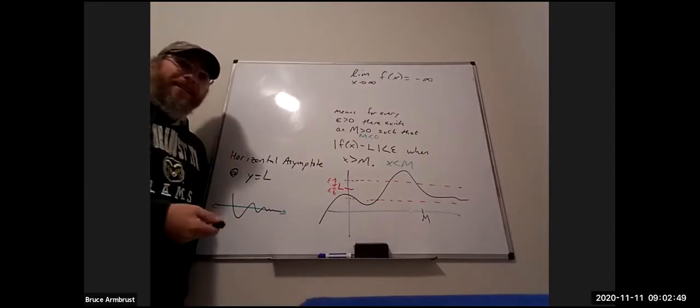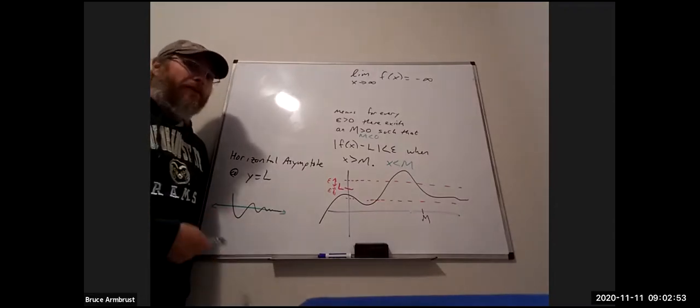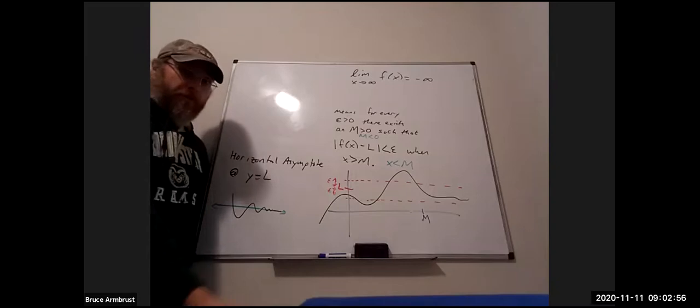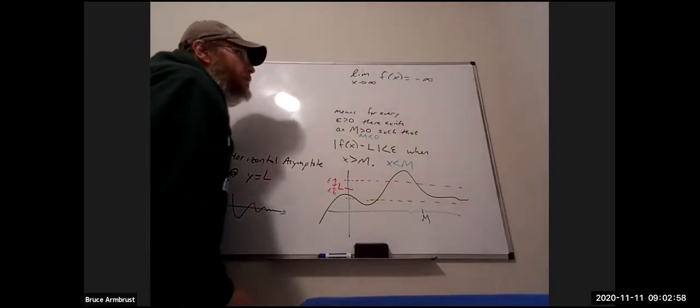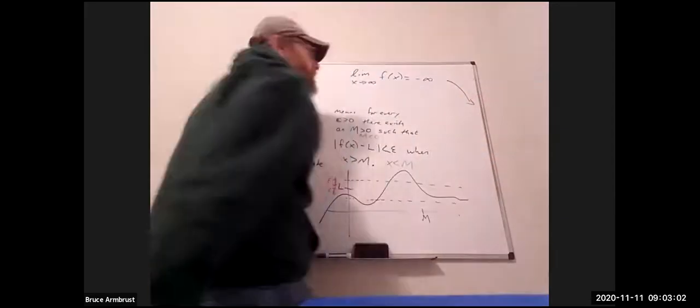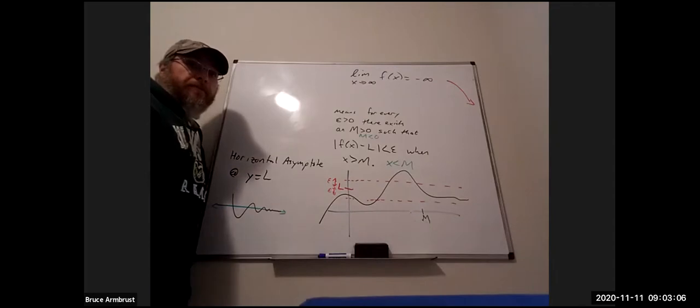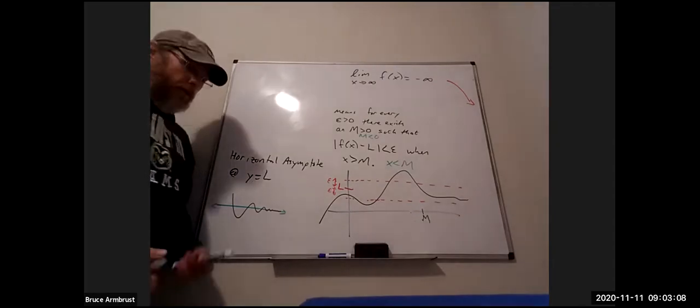Now, it doesn't mean that it's going to be a vertical asymptote. It just means that it never stops dropping as we move further and further away. So something like this would mean our end behavior is, yeah, it's just dropping as we go to the right.